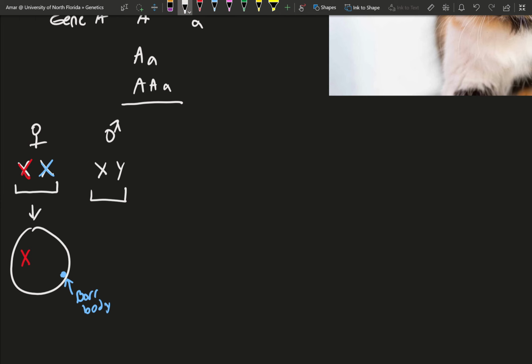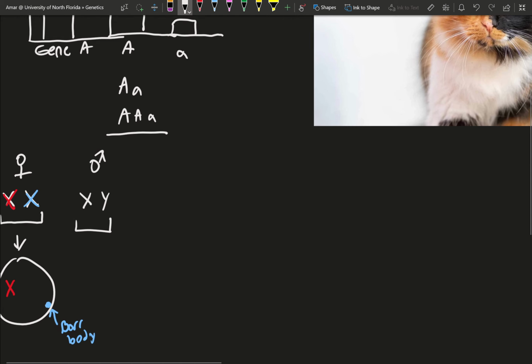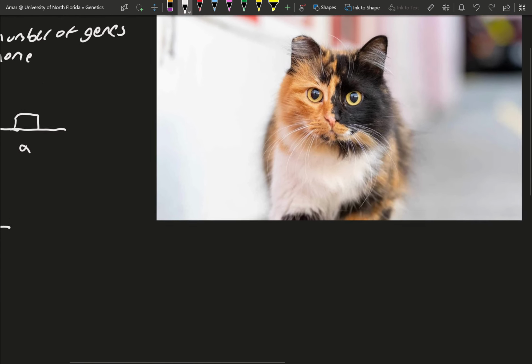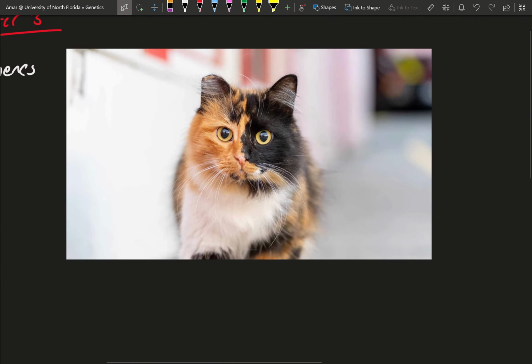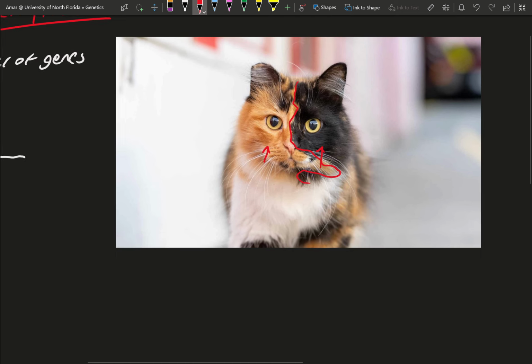So some phenotypes are actually the result of this X inactivation. These are calico cats right here. On their fur, they have different parts of the cat where it's randomly a different phenotype. I don't actually know which is which, but this will be the black part and this will be the blonde or yellow part.